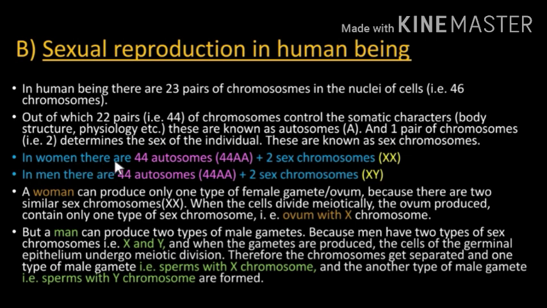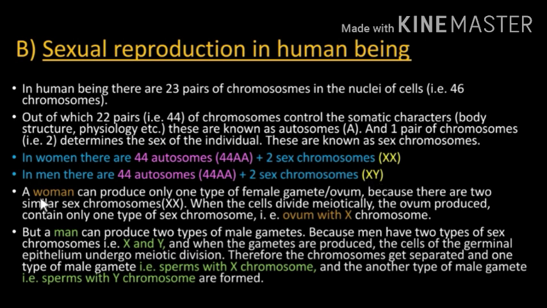In women there are 44 autosomes, which can be symbolized like this: 44AA, as it is in diploid condition, therefore AA is represented, plus two sex chromosomes which are X and X. In men, there are 44 autosomes. Again, these factors are common in both men and women. And two sex chromosomes, in which one is X and another is Y.